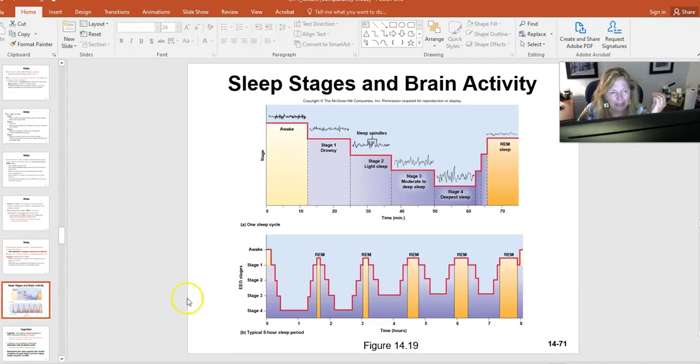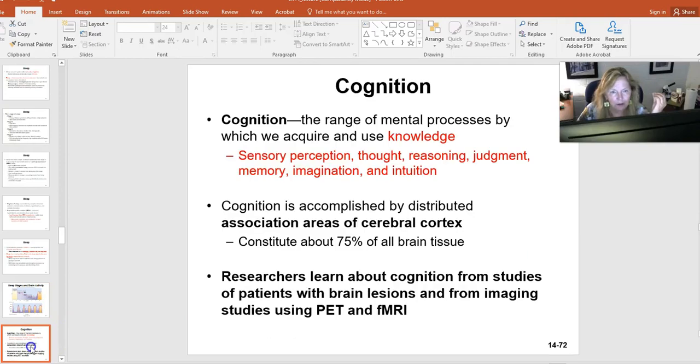Now, again, for restorative sleep, you would like to see this type of pattern happening. We know that when we think about knowledge or how we process information and learning, this is referred to as cognition. So cognition is really perceiving, thought, reasoning, judgment, memory, and intuition, being able to intuitively think about something so that it makes sense to you, and learning.